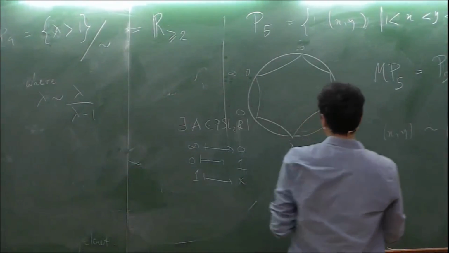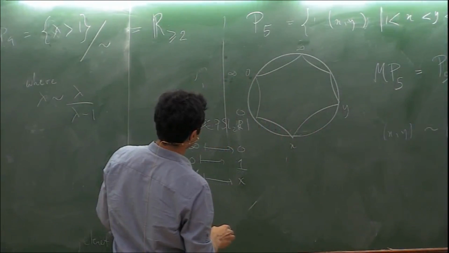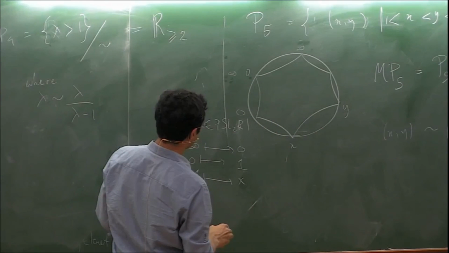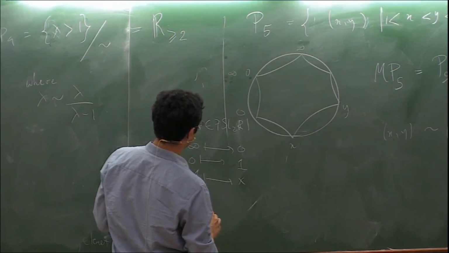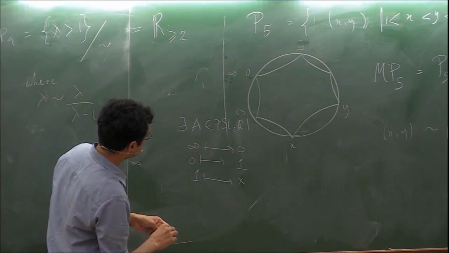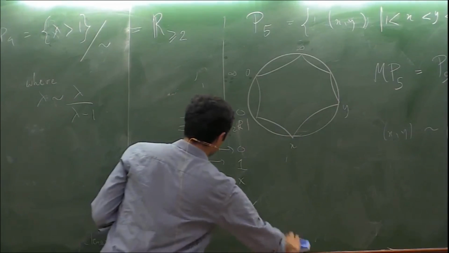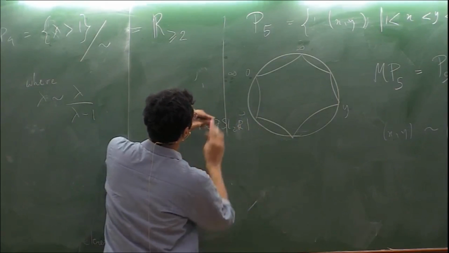Yeah, so then you check where does y go? Okay, so, sorry, so let me do it the other way. So suppose I want to kind of start my labeling here.